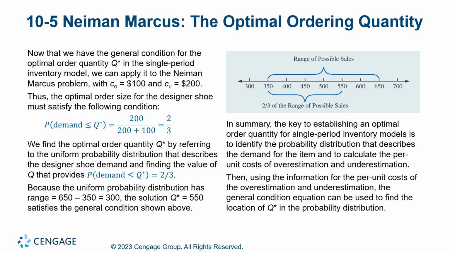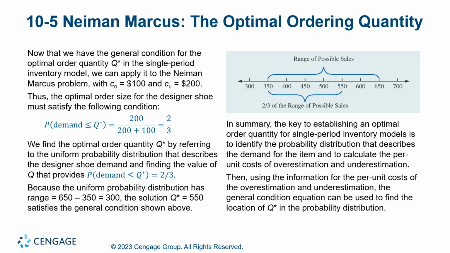To find this solution, we note that in the uniform distribution, the probability is evenly distributed over the entire range from the minimum of 350 to the maximum of 650, and therefore we can satisfy the expression for Q by moving 2/3 of the way from 350 to 650.